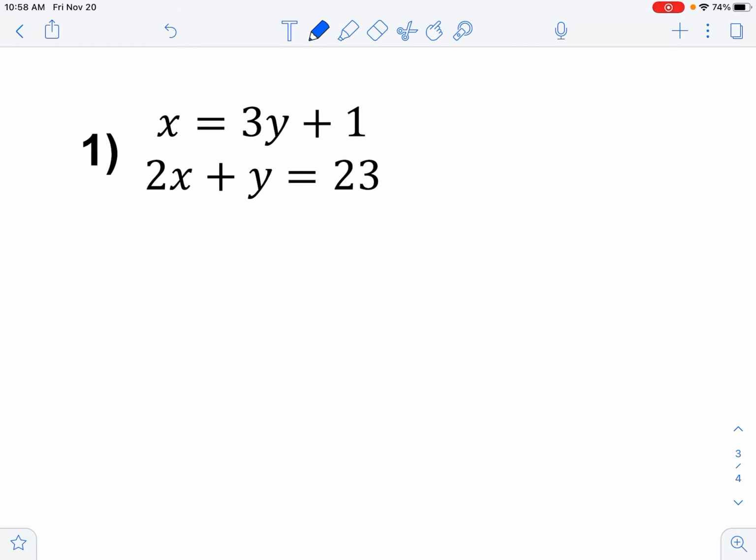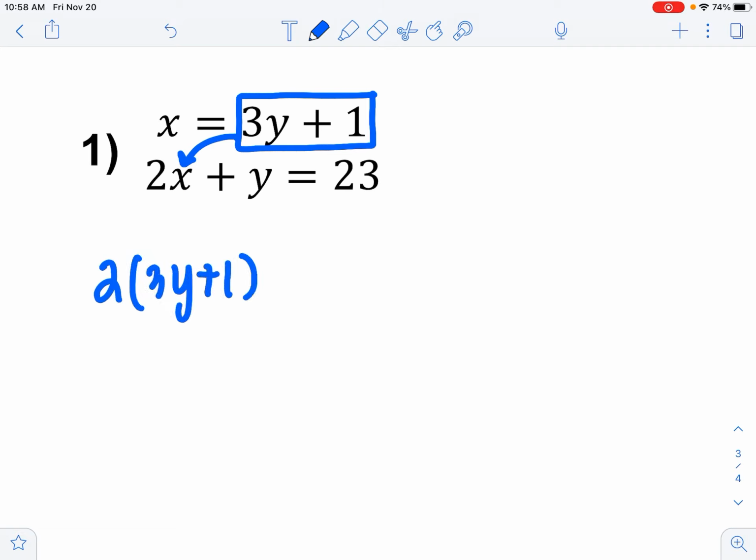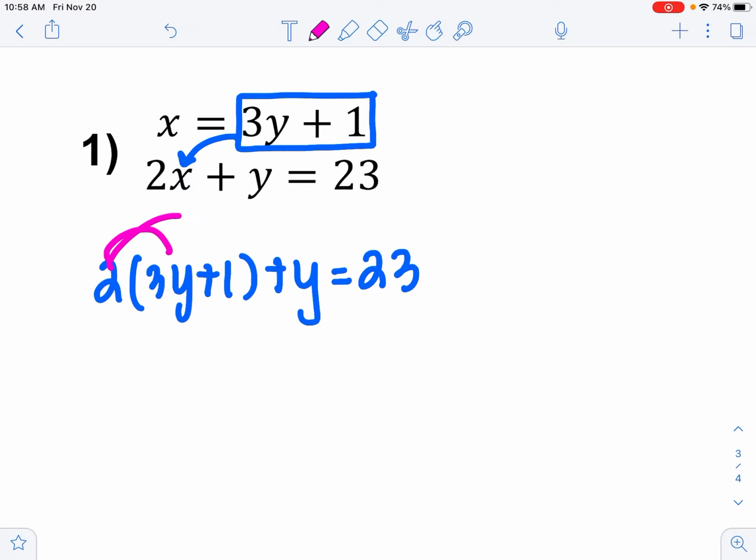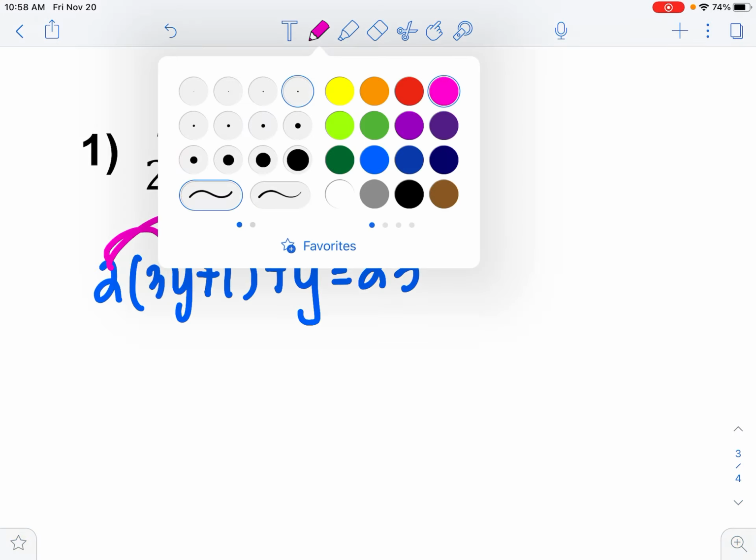So I have to choose whether to use substitution or elimination here. I'm going to use substitution because I can see that x is already solved for. So I'm going to take this and substitute it in for x. So now I have 2 times (3y plus 1) plus y equals 23. I'm going to distribute.